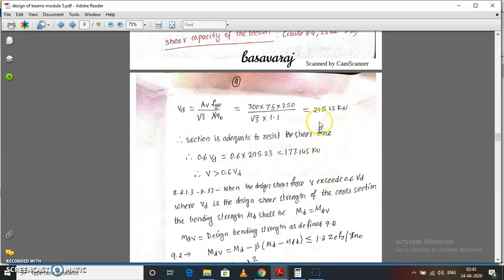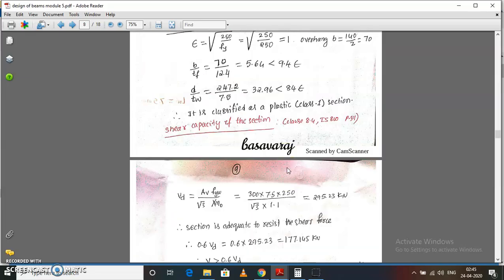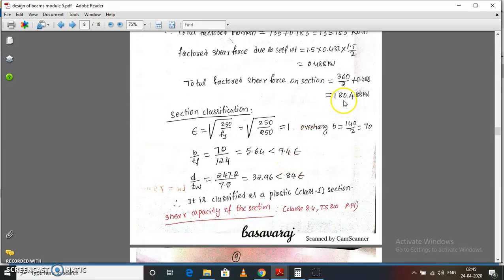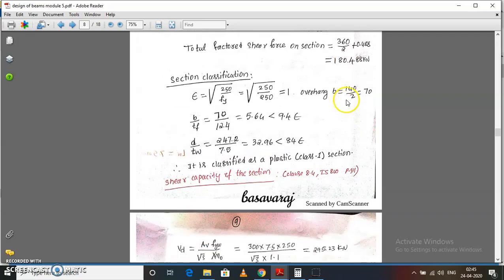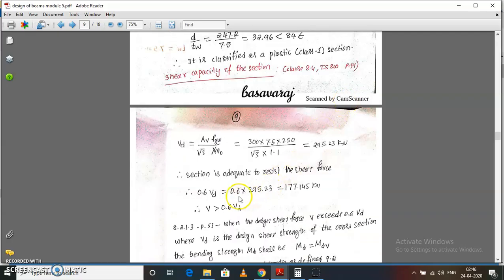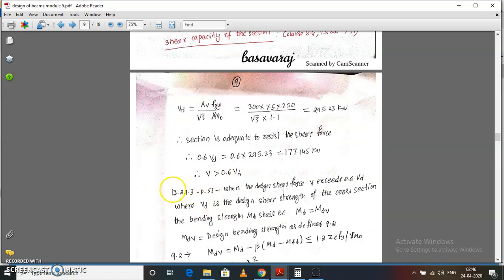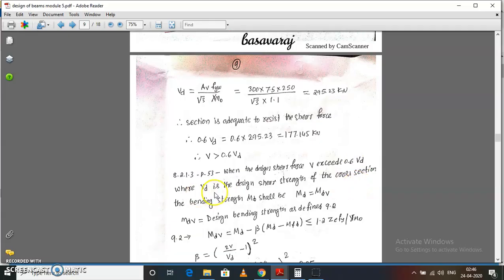The value of V we have calculated is 180.488 kilonewton, whereas 0.6 times Vd is 177.145 kilonewton, means V is greater than 0.6 times Vd. Therefore, as per clause 8.2.1.3 of page number 53, when the design shear force V exceeds 0.6 times Vd, where Vd is the design shear strength of the cross section, the bending strength Md shall be Md equal to Mdv.